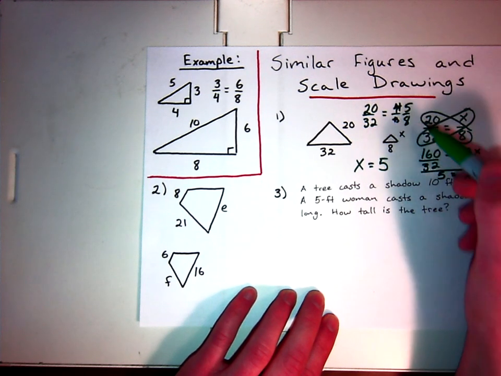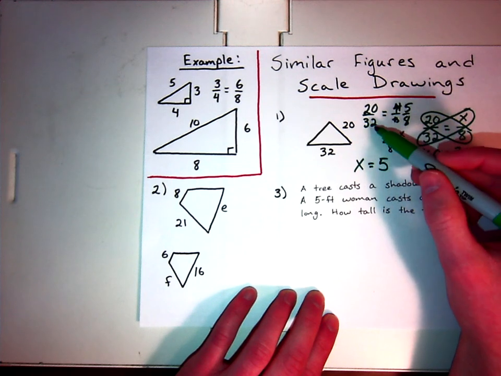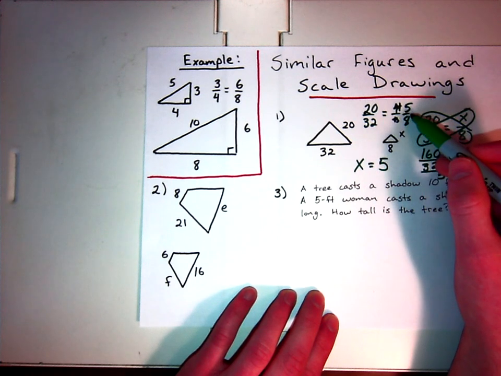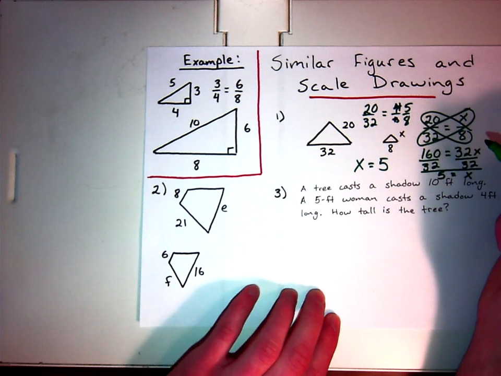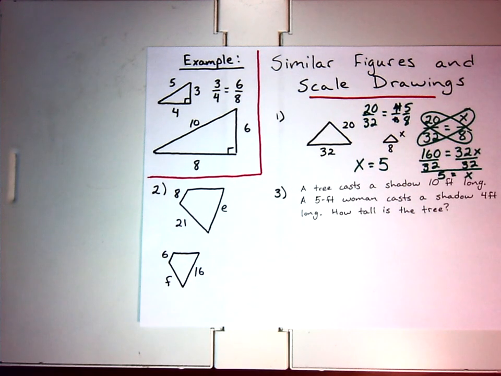And the way we could do that is, could we turn 5/8 into 20 over 32? Yes, we could. We could multiply 5/8 by 4 over 4, and that would get us to 20 over 32. So you could check it by using your skills with equivalent fractions, and you could say, does this work? Let me plug it in and see if I can manipulate that fraction to turn it into 20 over 32.